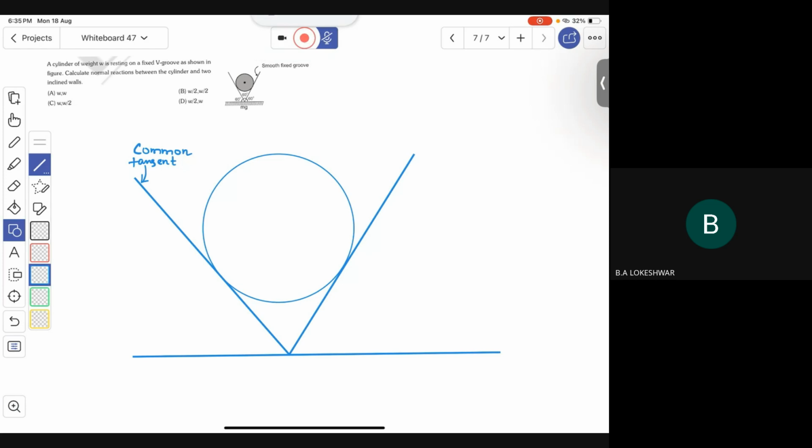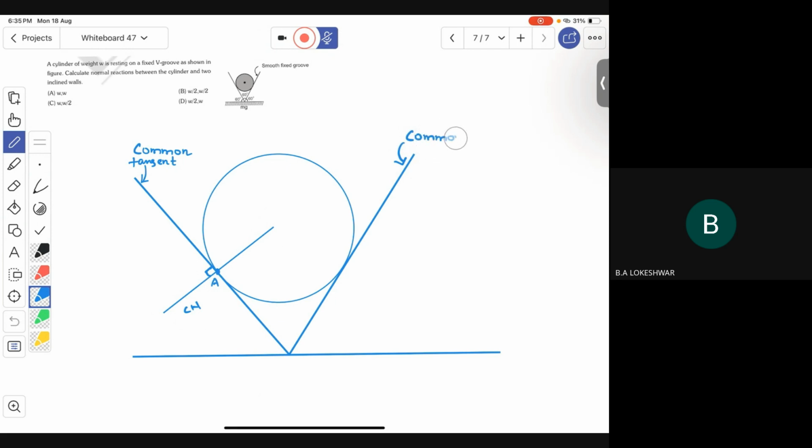If I drop a perpendicular to the contact at the point, maybe I call it A, this is the common normal. In the same way for the other surface, this is the common tangent. So I can drop a perpendicular at this point as well, which I call point B. So this is the common normal.